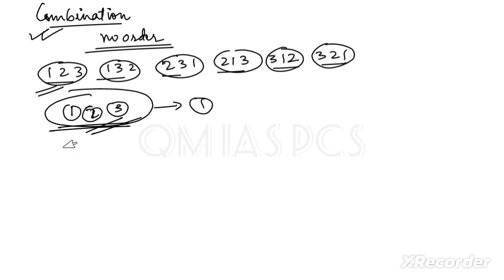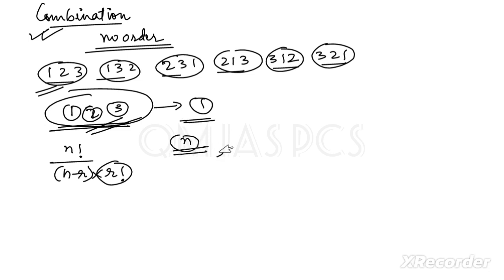So what we are trying to say is, in case of permutation, what we were writing is factorial n divided by factorial n minus r. But in case of combination, we have to divide by factorial r also. Whatever the objects we are considering, if I say out of n we are taking r at a time, in that case we have to divide by r factorial.